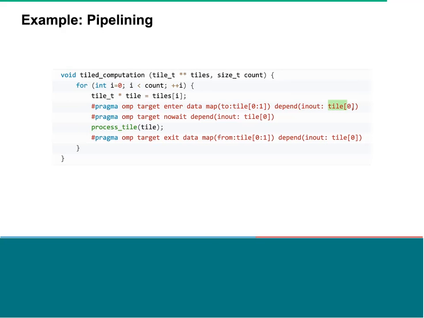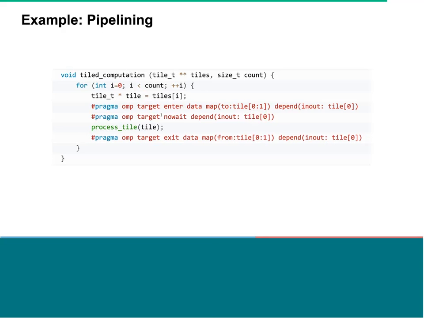And rather than using, say, stream numbers, OpenMP uses the address of a piece of memory to indicate dependencies. So the first tile in this case, or the tile that is being worked on, is used as the dependency so that a subsequent tiled computation could actually interleave with this one if desired.